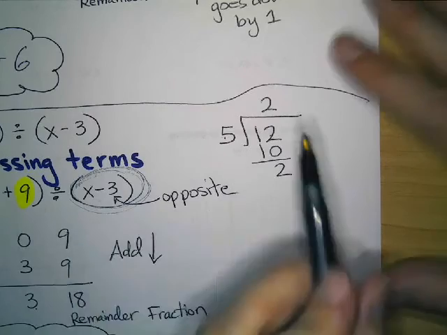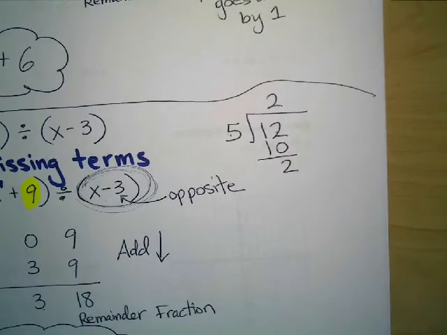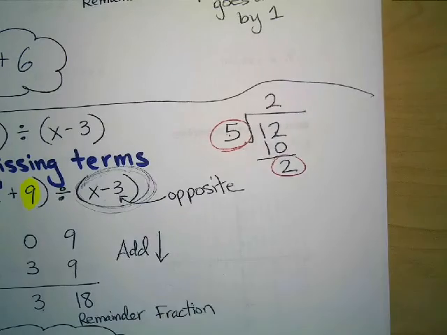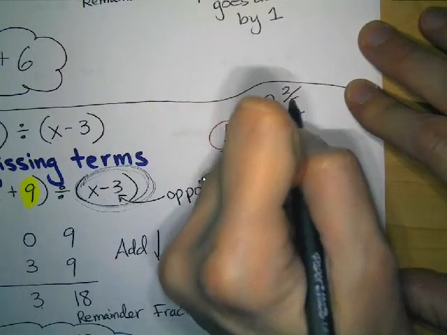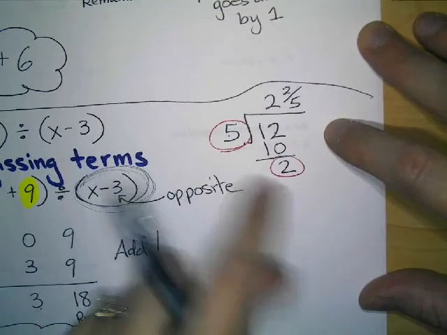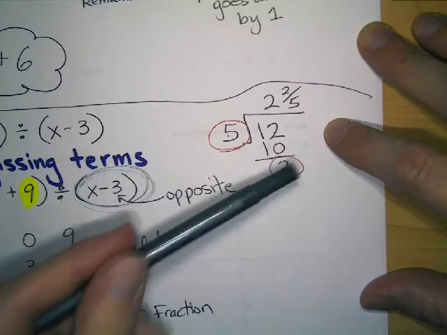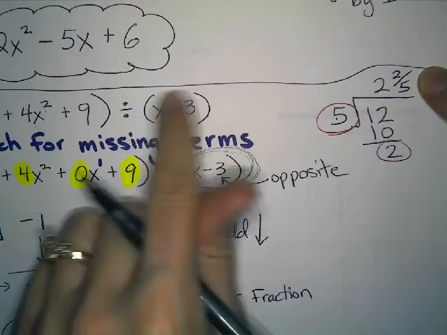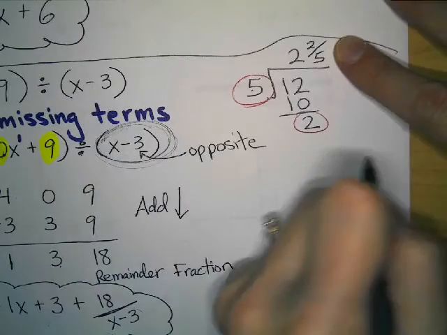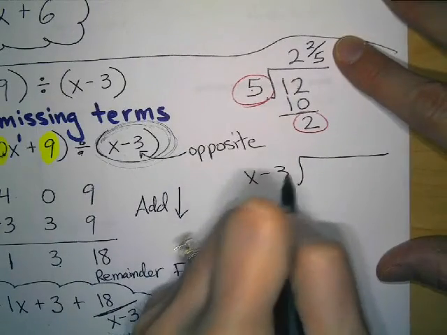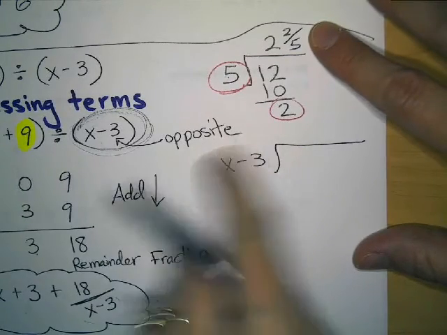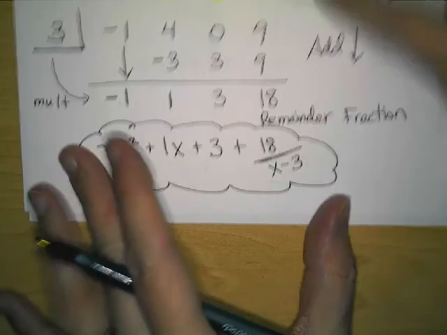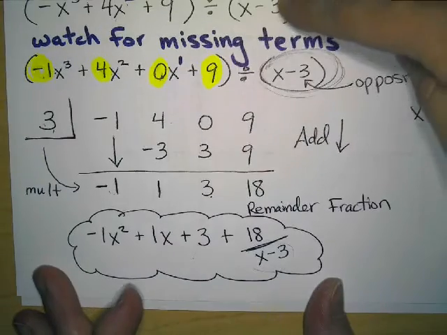You can put the remainder 2 over this, so it's like 2 2/5. If you were dividing regular numbers, it's always a fraction like this over 5. We were dividing a big problem by x minus 3, so the remainder always goes over what the divisor was.